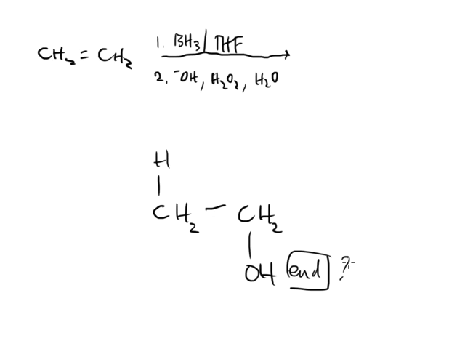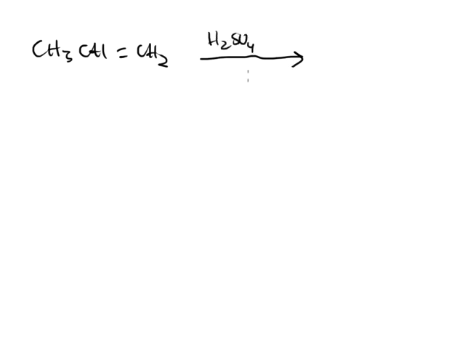Now we need a more complicated example. All right, so before we do that, let's look at CH3, CH double bond CH2. And let's add H2SO4, H+, and water. What do we get? All right, well, CH3, CH double bond CH2. Well, the double bond breaks. There we go. And two sides of attachment open up. There they are.